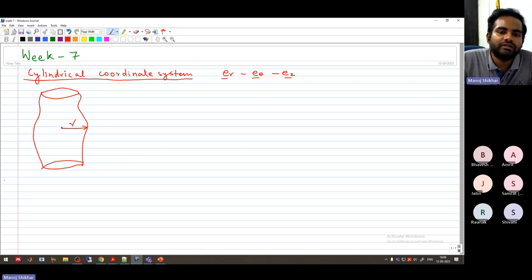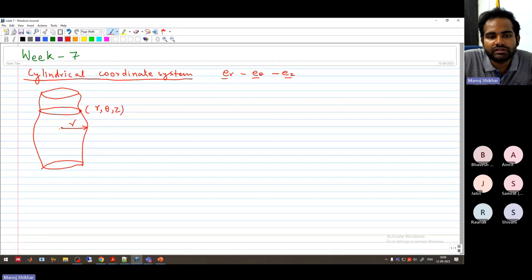Suppose at some point this is R. How do I write this point? The coordinates of this point will be r, theta, and z. Here we take a circle. Suppose this is our origin. From here, the height is z.